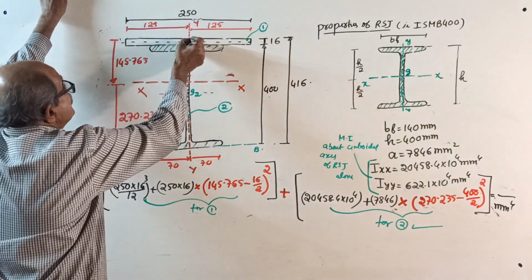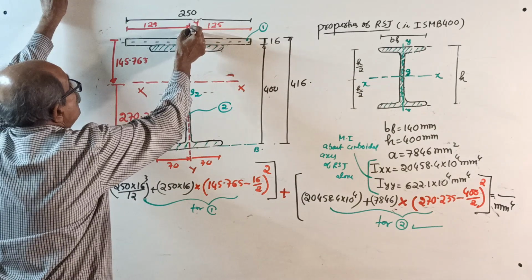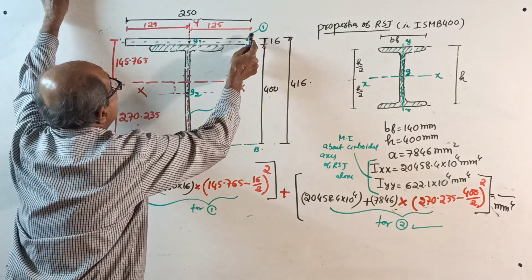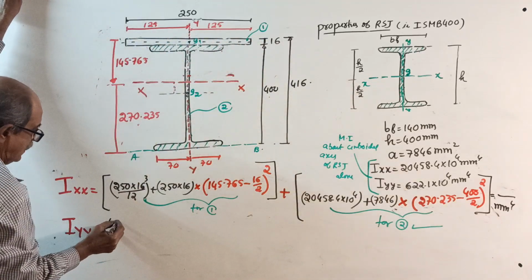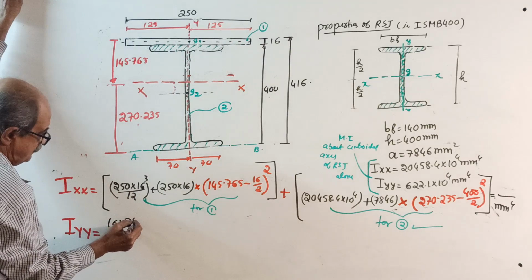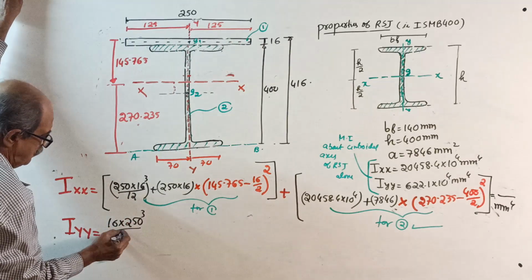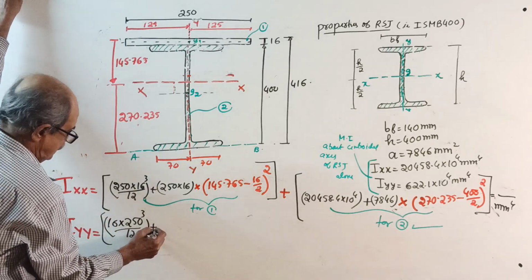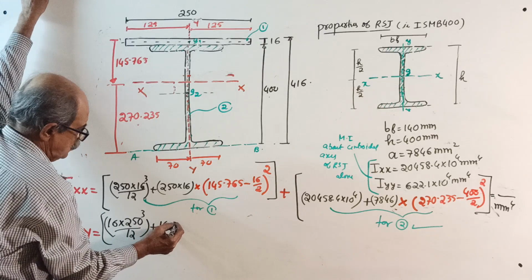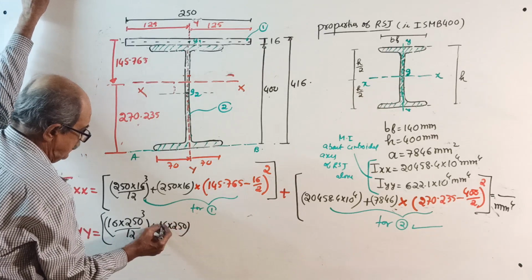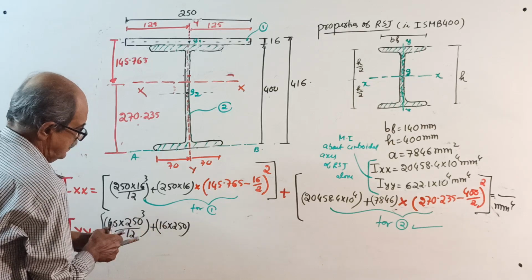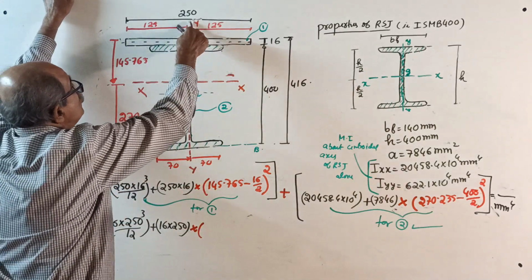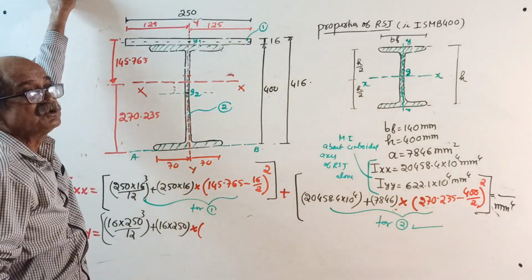I about, see, centroid is here, about its own centroidal axis. This axis is 16 into 250 cube by 12, that is IG, plus area, 16 into 250, into the distance from centroid G1 to YY, perpendicular, square.